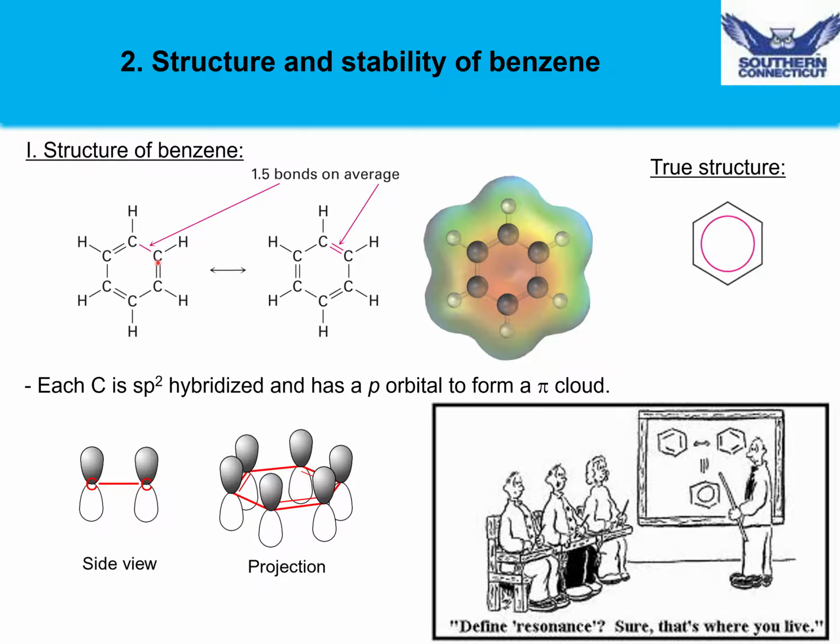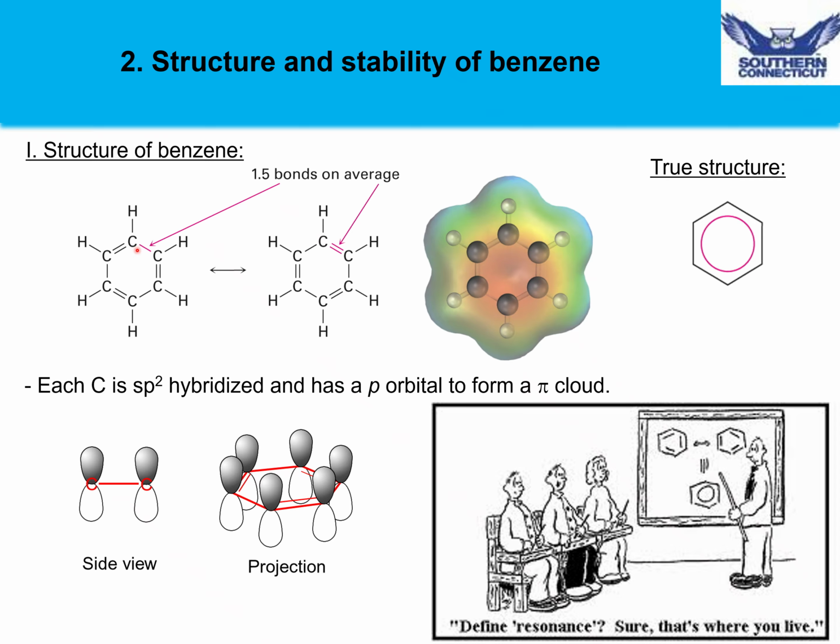That would force every other double bond to move to the left in a clockwise fashion to create this second resonance form. In these structures, we have a bond that in reality is not a single bond or a double bond. It is actually a bond and a half when we average out the two resonance forms of benzene.